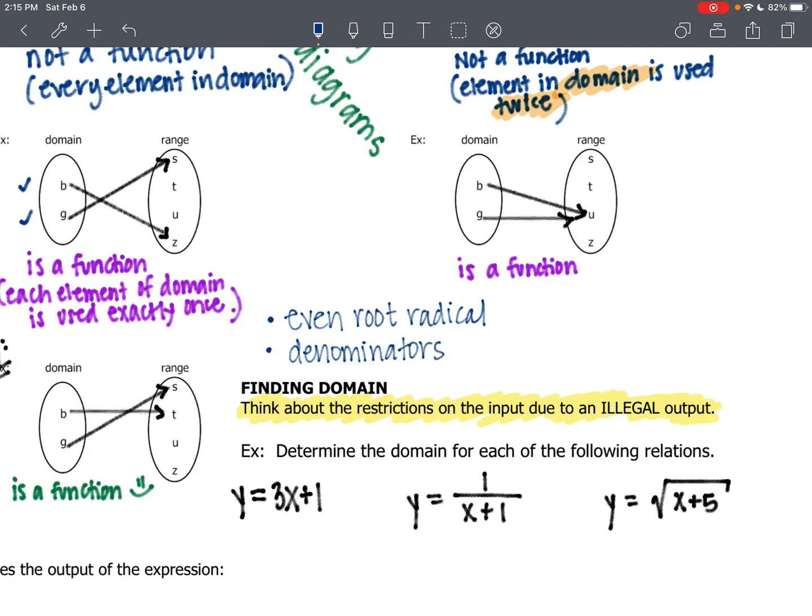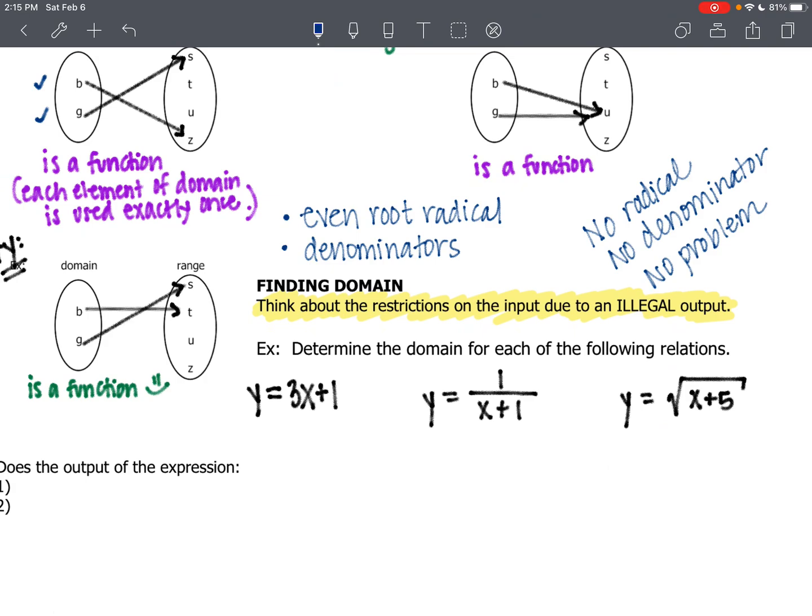No denominator, no radical, no problem. So kind of like no shoes, no shirt, no service. No radical, no denominator, no problem. And when there's no problem, your domain is all real numbers.